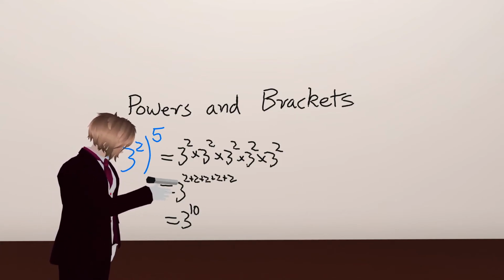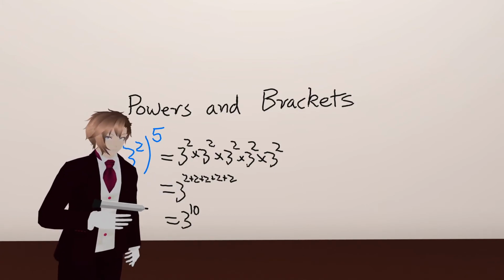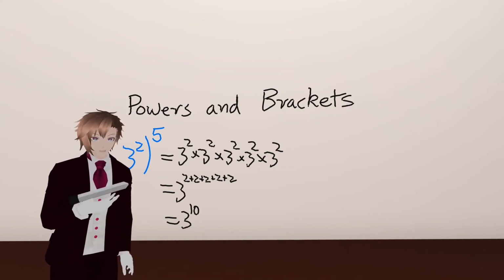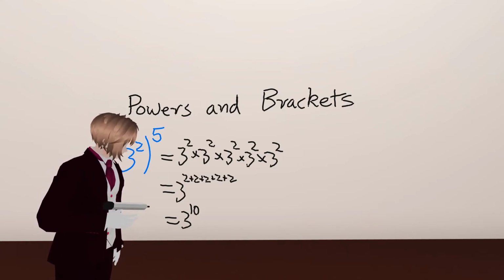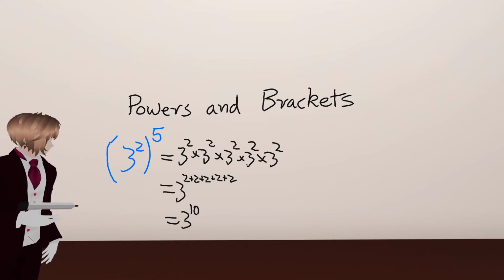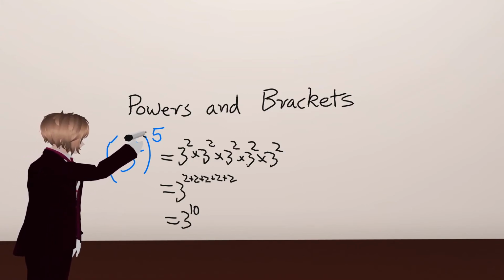Now, if you have a think about this, we have an easier way of doing repeated addition, and that's just multiplication. So instead, when we have brackets, you can just times these two numbers together.